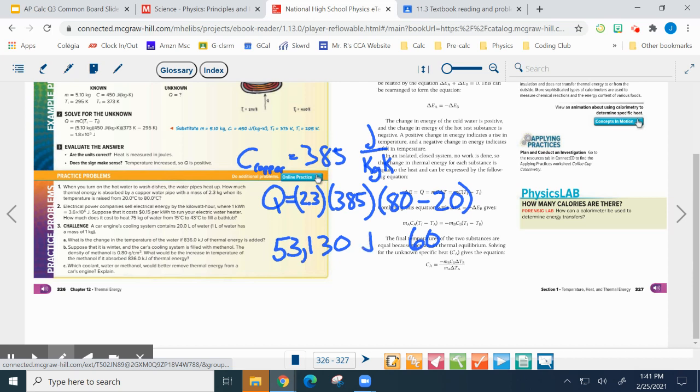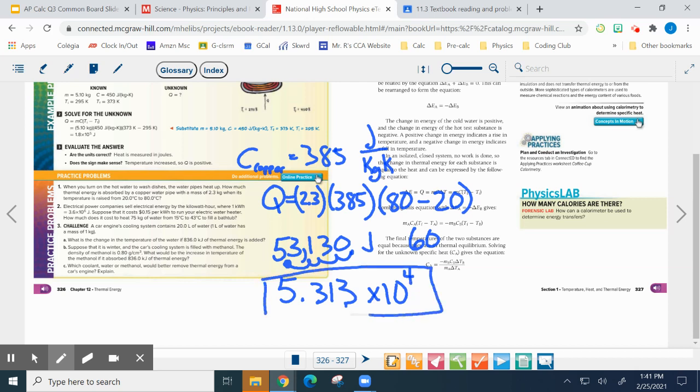Okay? Or if you want to go all sciencey, you can say 5.313 times 10 to the fourth, because the implied decimal is right there, right? And you go 1, 2, 3, 4, but then you have to multiply it by 10 to the fourth. So there's the answer to the first one.